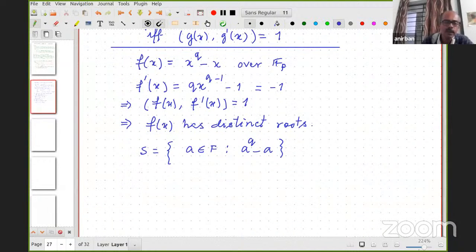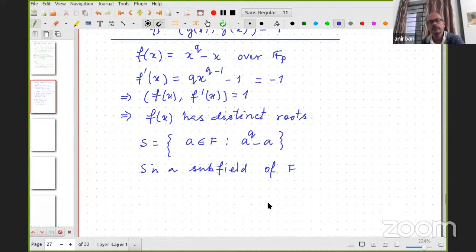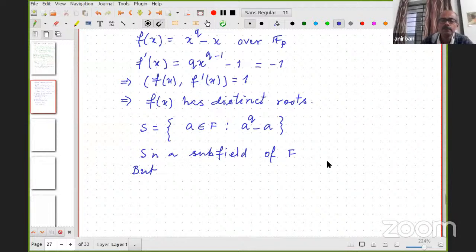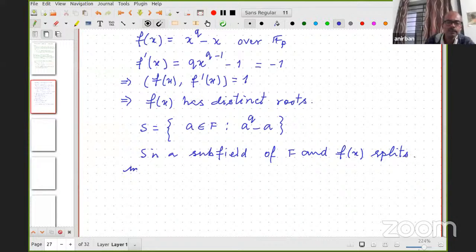And so S is going to be a subfield of F where the polynomial splits. But F is the splitting field.